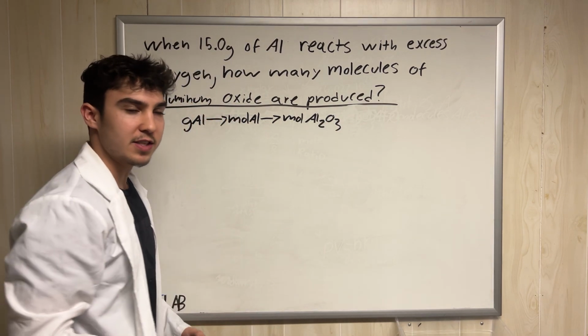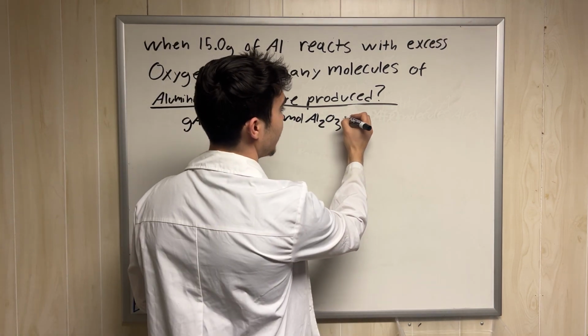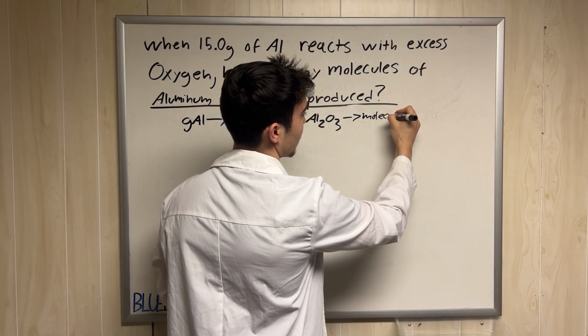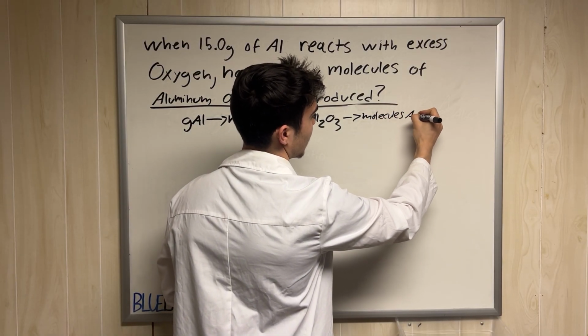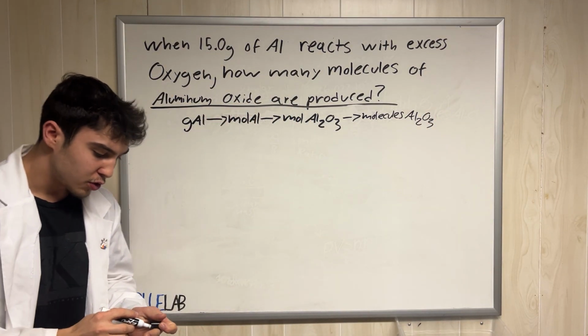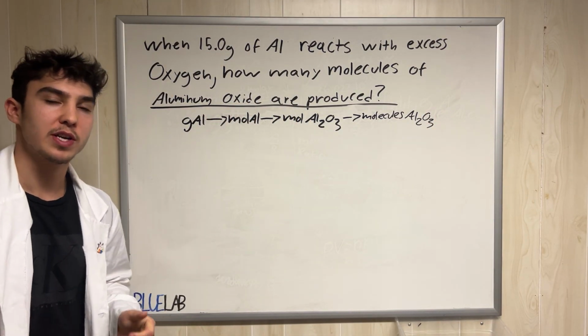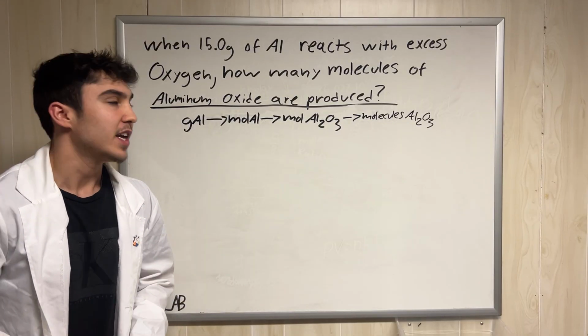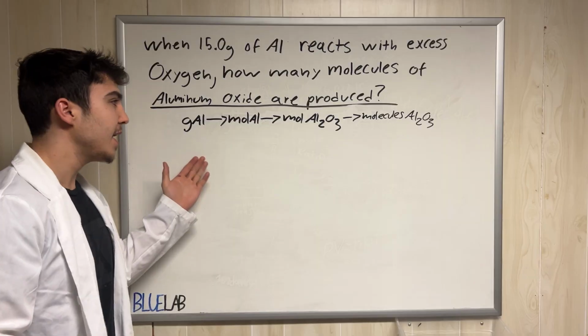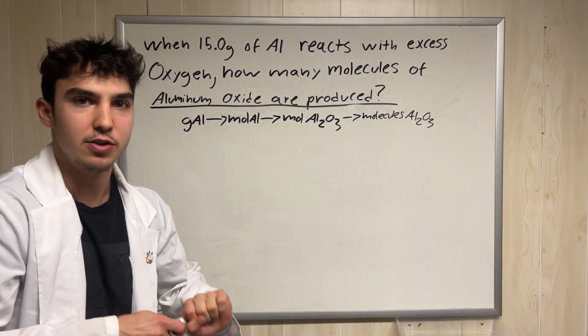And our moles of aluminum oxide are going to go to our molecules of aluminum oxide. So now we have the exact path that we're going to take. All we need to do now is plug in what we're given from our problem into the mole map and get from A to B. So let's go ahead and do that.